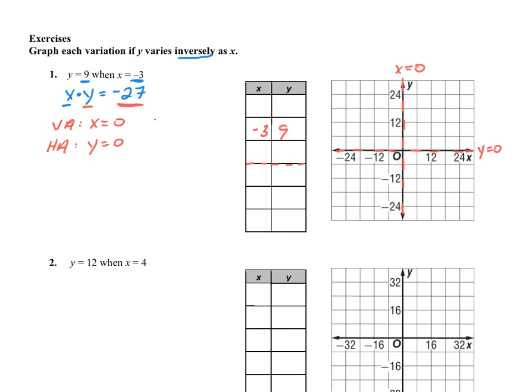Okay, just real simple. What are two numbers that multiply to minus 27? Well, if I choose 1 for x, that means that 1 times minus 27 is minus 27. I could also use 3 and minus 9 here, so I'm just kind of working in this direction to graph those points.